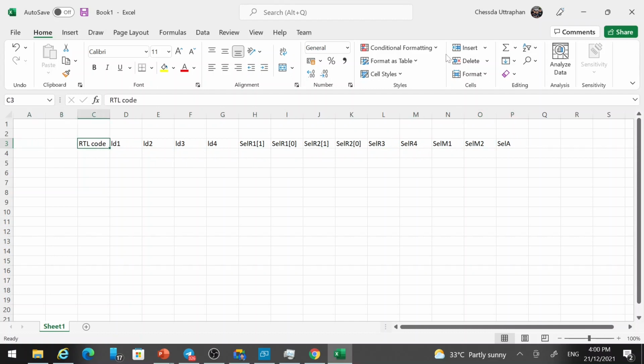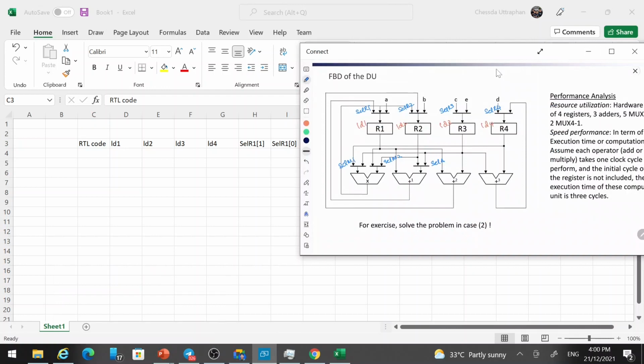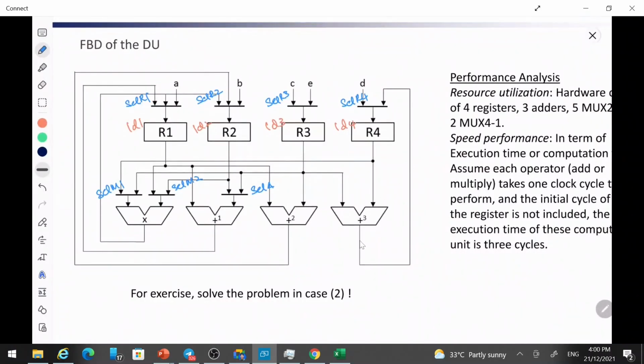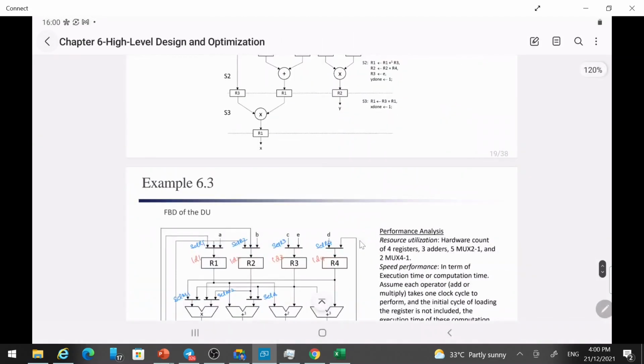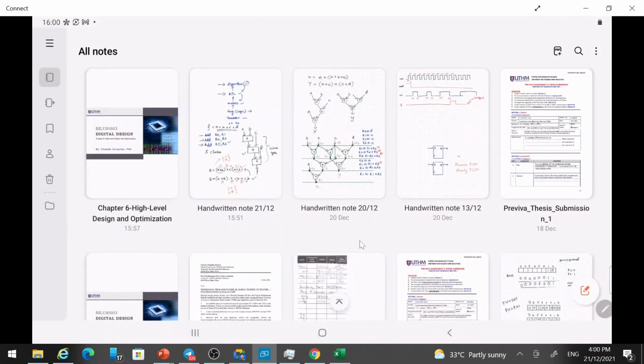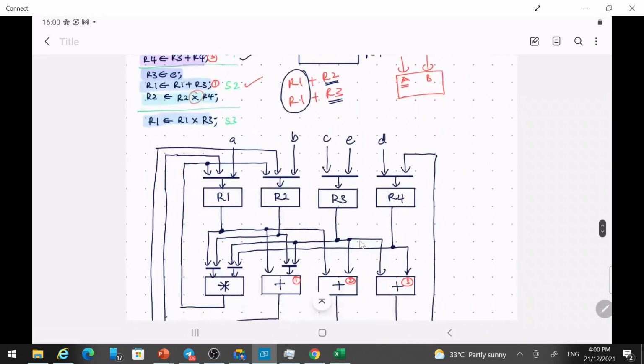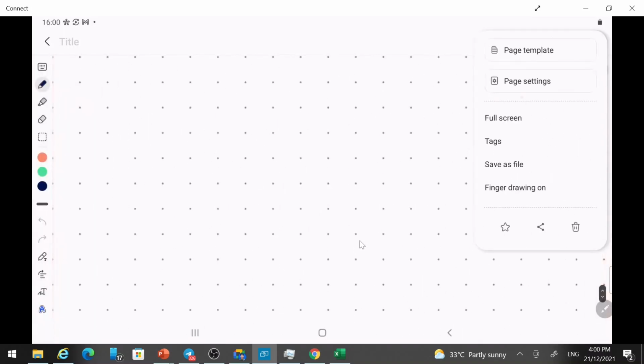This means that if we draw the control unit, or the controller, which is actually the finite state machine, FSM, it will look something like this.